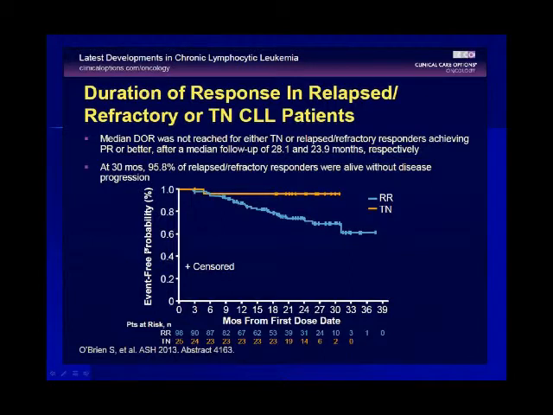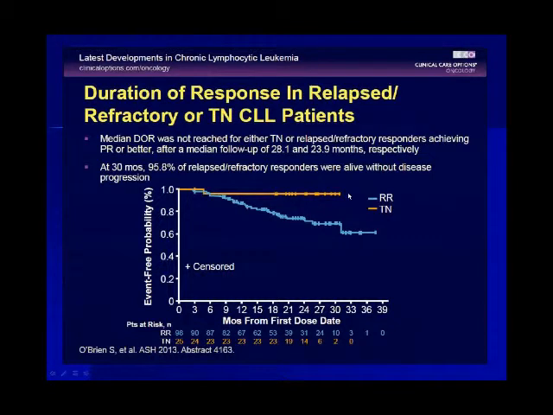I think on the study, I can't remember, they'd had 4 or 5 previous treatments. And in fact, what's even more impressive, if this TN stands for treatment naive, which basically means they've not been treated previously. So if you give this drug in people who've never been treated for CLL, you can see that virtually nobody relapses by 30 months there, by almost 3 years.